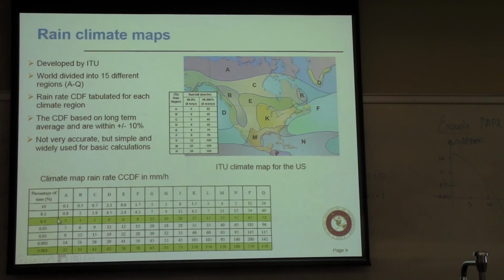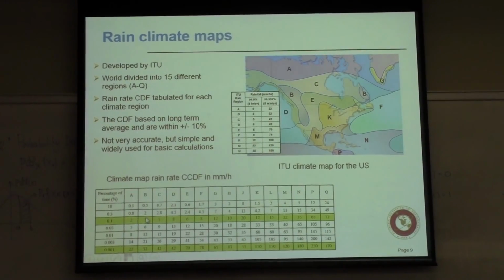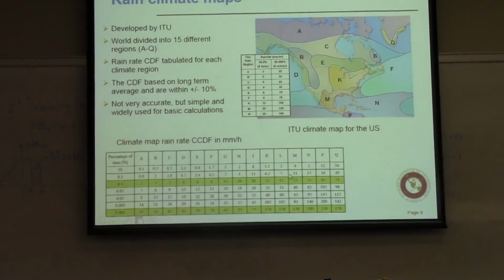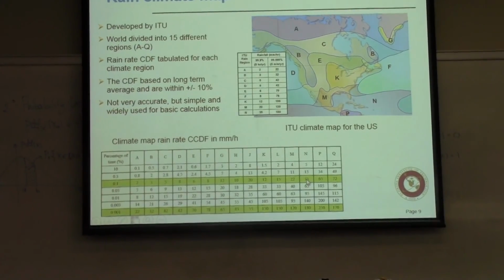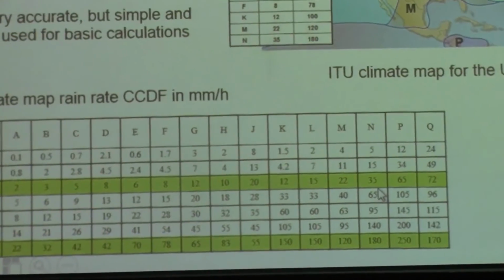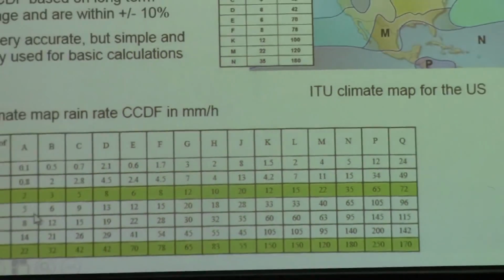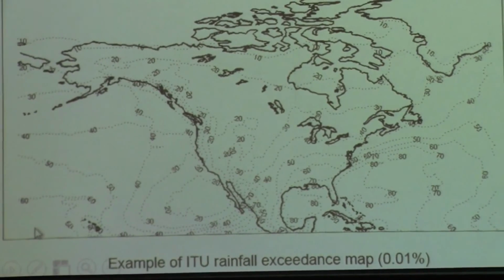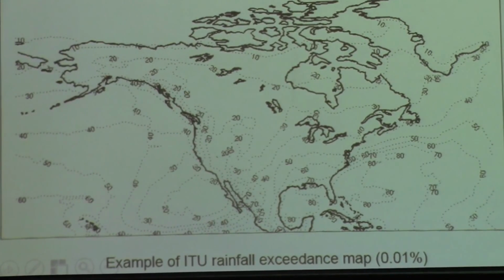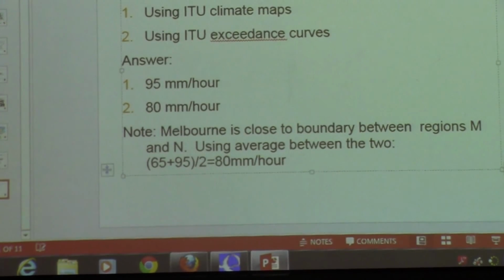so we're here, and it says the rain rate exceeded in Melbourne, so we're in N. It says here 35. It was 0.01 maybe? 0.01, yes, sorry, allow me to correct.